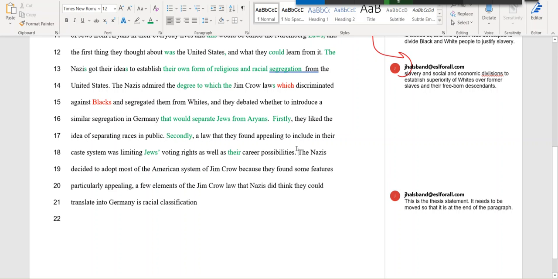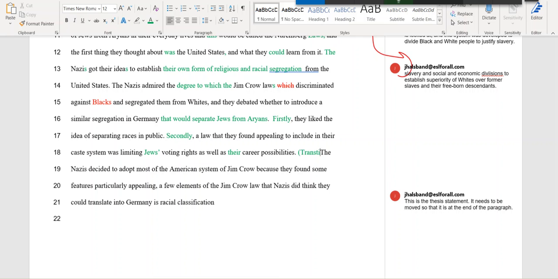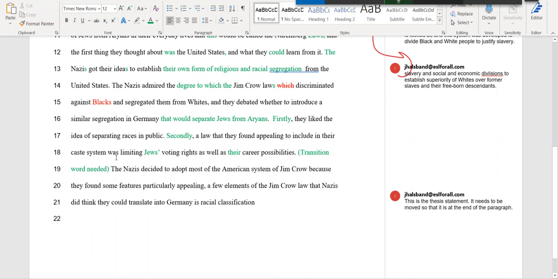We need a transition word here, but I'm not sure what, so I'm just going to put in "transition word needed." Then change it into lowercase.